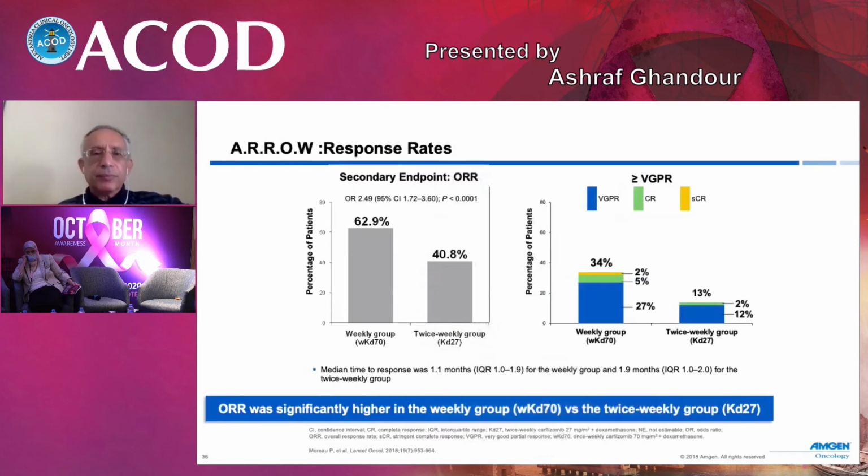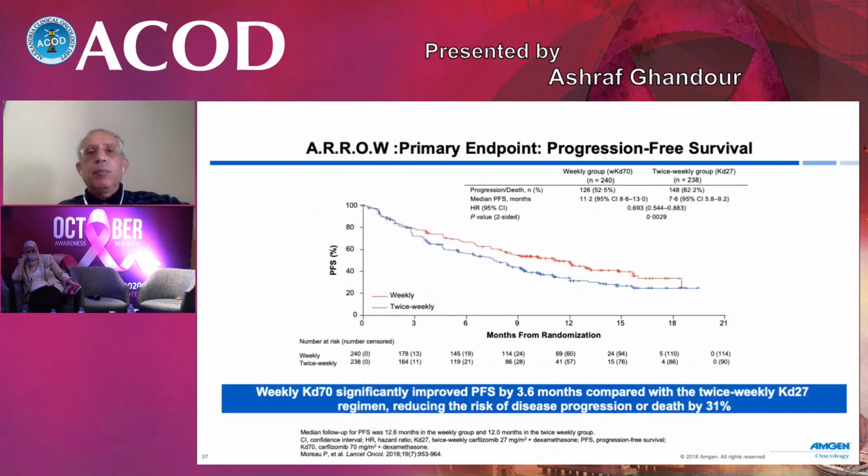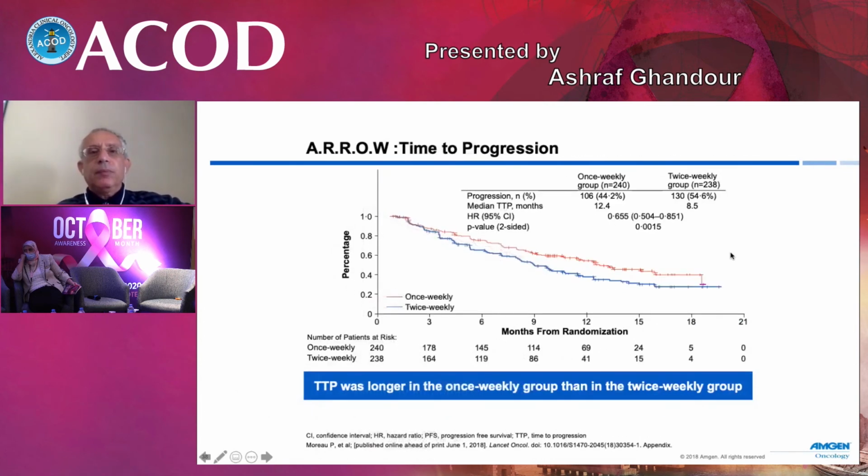Let's see the response with once weekly dosing. Overall response was 63%; in the other arm, it's 40%. Progression-free survival extended up to 11.2 months, and time to progression also increased up to 12.4.